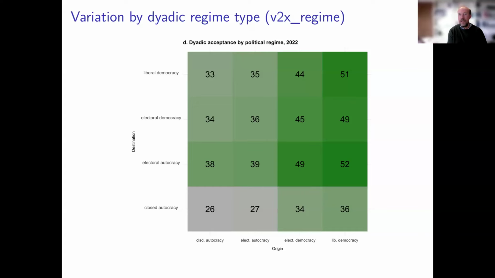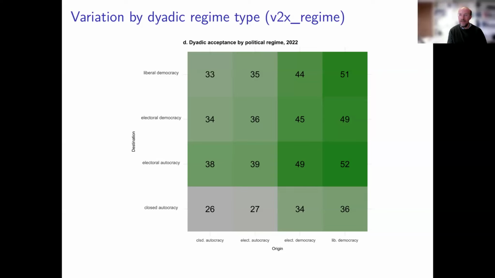And here we link this to data from our dyadic data set from one year, 2022, where we know, of course, for each dyad what the political regime is of the origin country and what the political regime of the destination country is.